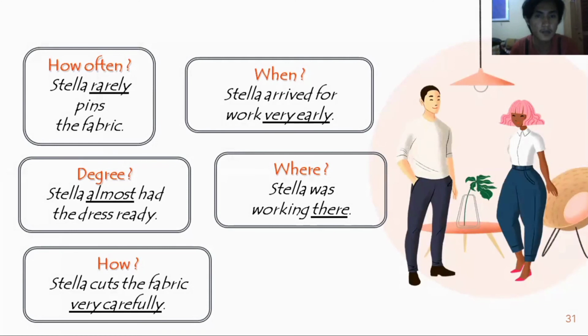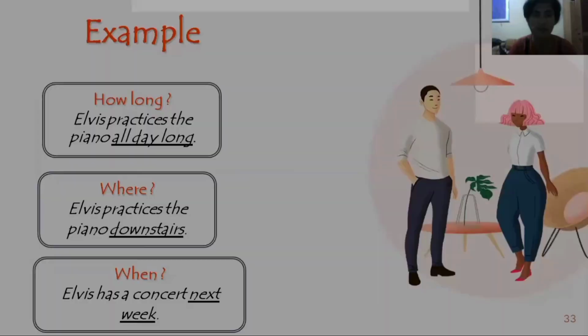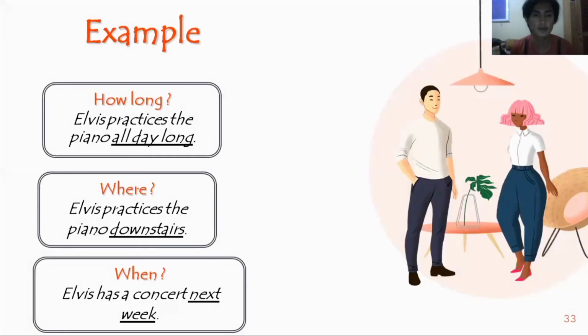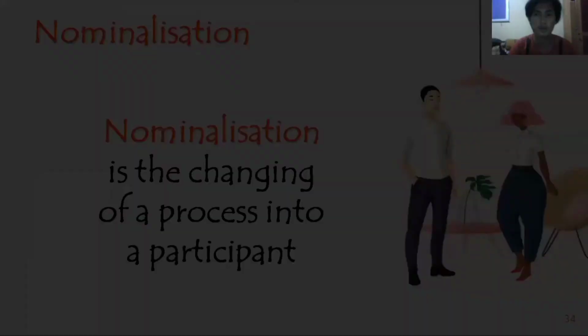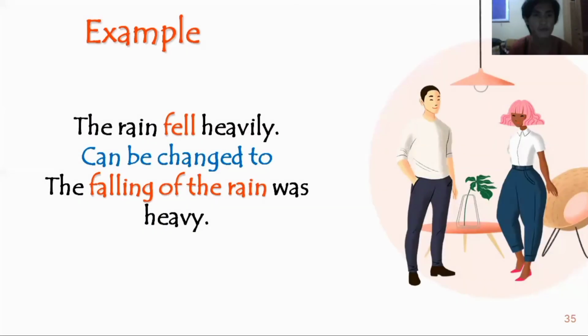Here's the example. Next, the information about where and when a process takes place can be expressed by a group. This is the example. Next is nominalization. Nominalization is the change of a process to a participant. Example: rain fell heavily.